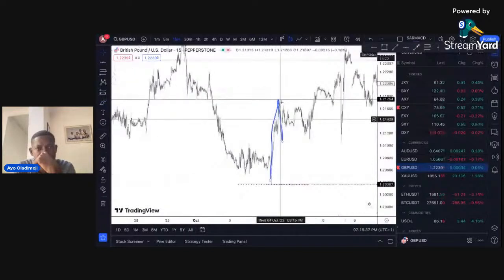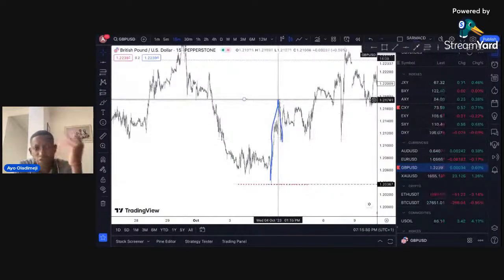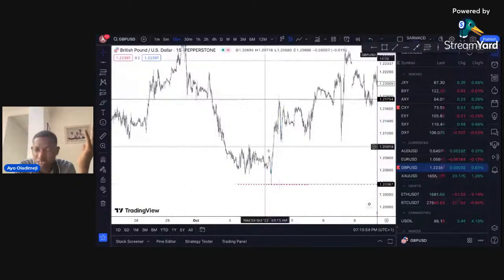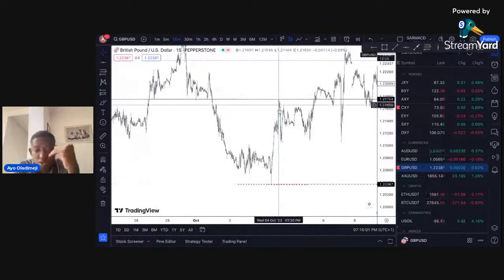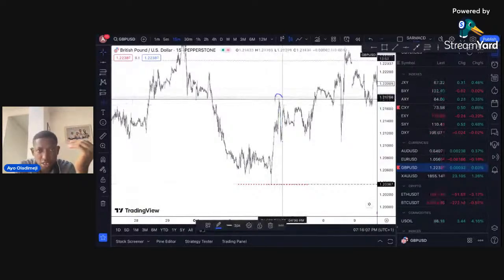And how do we know? Because price dropped, pulled back when it got to this price level, 1.2175. So that's how we know there was resistance here. The only reason price retraced or came down when it got to this level is because there was a resistance here.